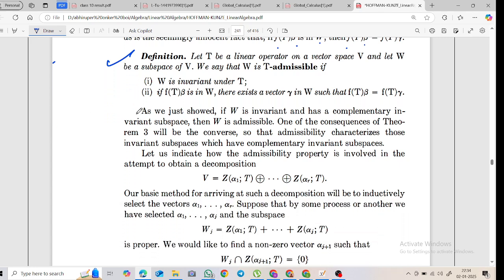And we have already shown that if W is T invariant and it has a complementary T invariant subspace, that is it has W prime such that V is W direct sum W prime and each of them are T invariant, then W is T admissible. We have already shown that. Now we will show the converse as well, that if W is T admissible, then there exists a W prime which meets the requirement.